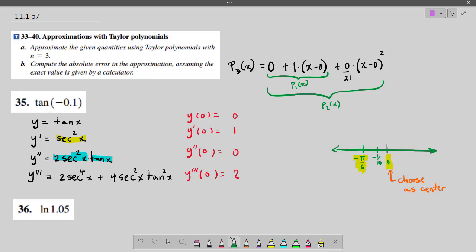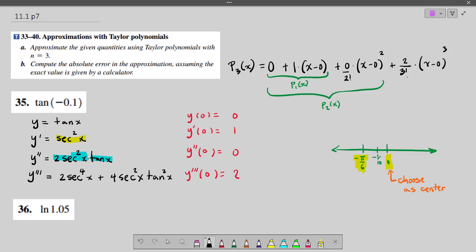And then we get to the term we've all been waiting for, our last term. We start with the 2. We're going to have an x minus 0 cubed divided by 3 factorial. So there is our third order Taylor polynomial.